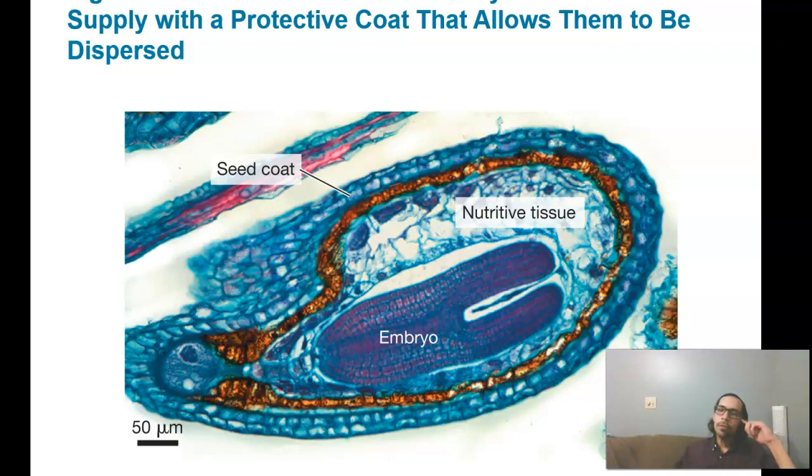That was the food source for that life cycle. In the angiosperm, we looked at the endosperm. That was the nutritive tissue for that. Then we also have the embryo. So the embryo, the food source, and then the seed coat.